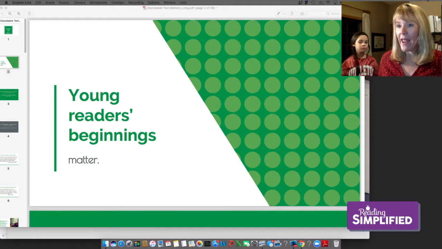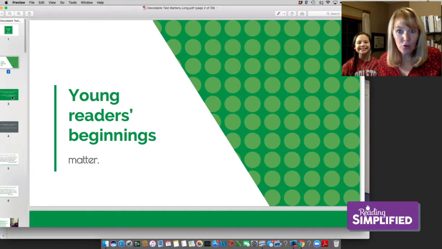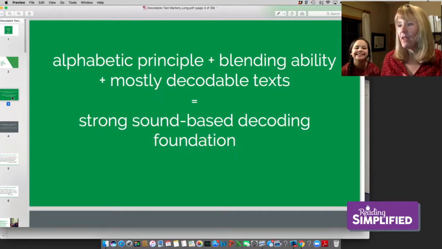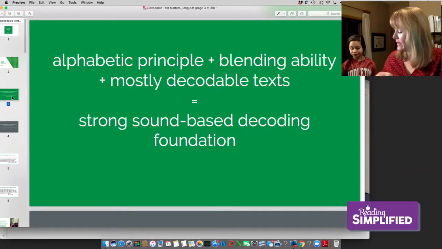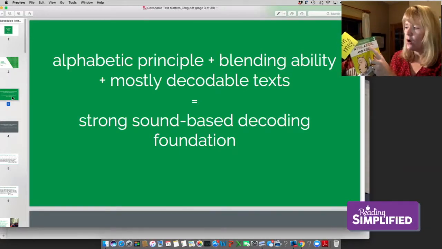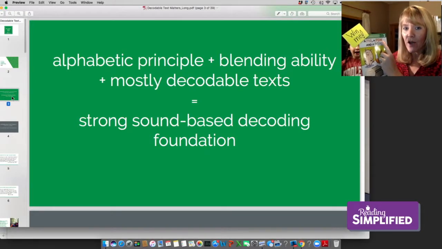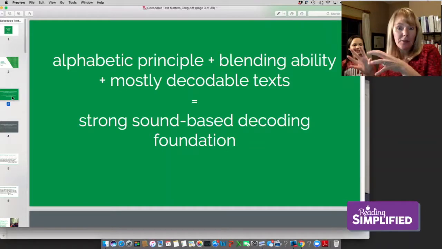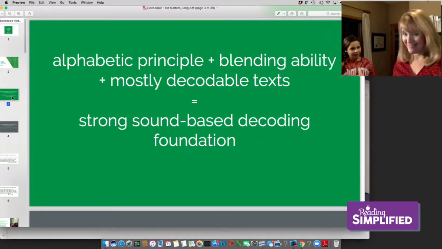Okay, so let me show you then what you need to think about with those beginners or anyone who's struggling. They first need to get the alphabetic principle, this concept of how our code works. And that's simply just knowing that, oh, that's fox, and that translates to fox. Then they need to blend the sounds like I just did. Fox is what word? Fox.